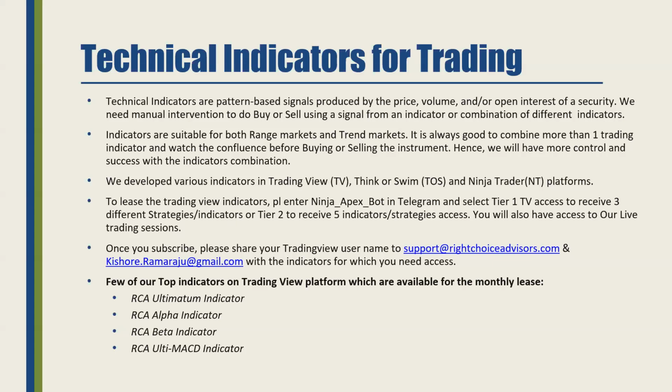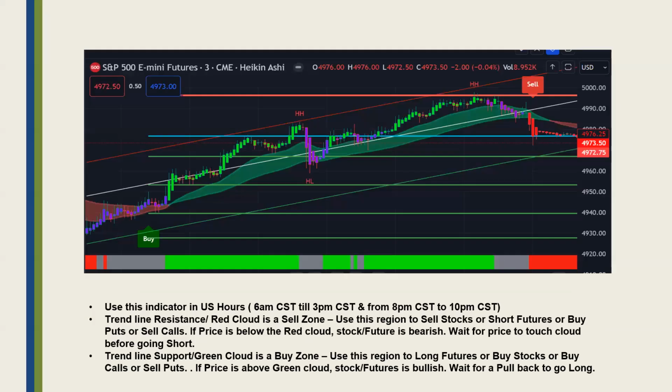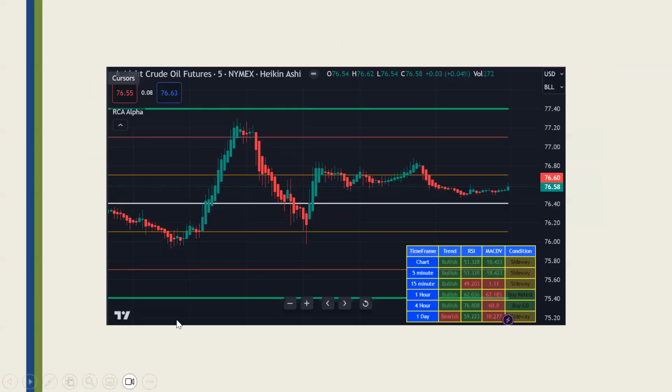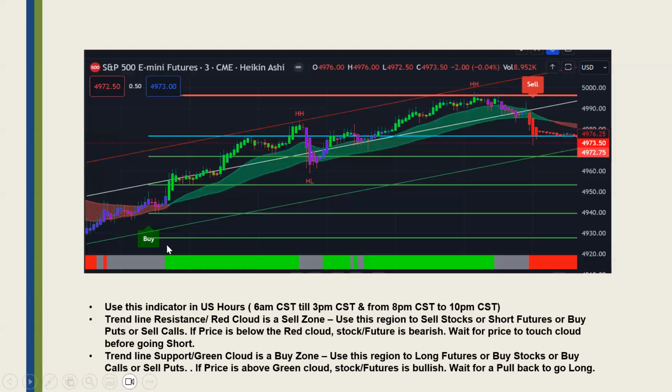But for you to understand, there is an indicator called Ultimatum. What is this Ultimatum indicator? Basically, you have an indicator like this, which gives buy and sell signals. If you have a green cloud, that means, for example, ES or crude oil or GC, whatever you are trading, that is bullish.